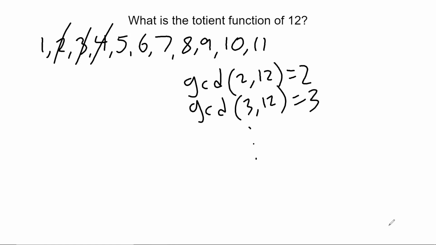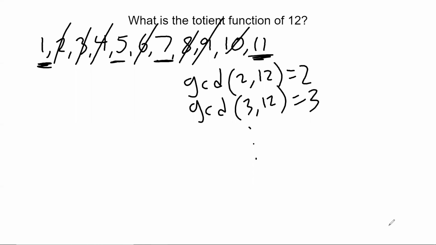And so on. So we can cancel 4, we can cancel 6, we can cancel 8, 9, basically anything with any 2's or 3's in it, since 12 is entirely composed of multiplying 2's and 3's together. So this has a 2 in it, so we take it out. So after that, we're left with 1, 5, 7, and 11.